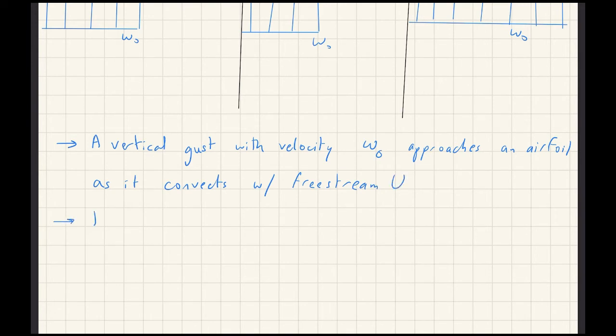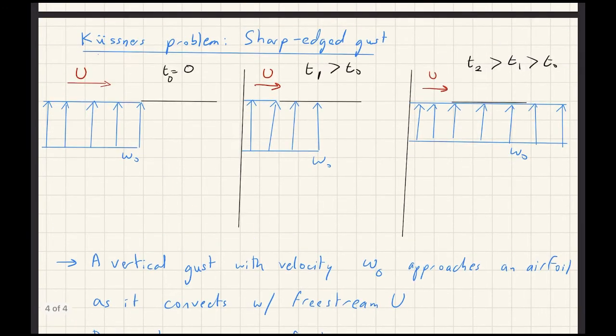And in this problem, the gust is semi-infinite, which means that the gust in this direction approaches infinity. I'm sorry for this noise if it went through. This is the cat that we have.